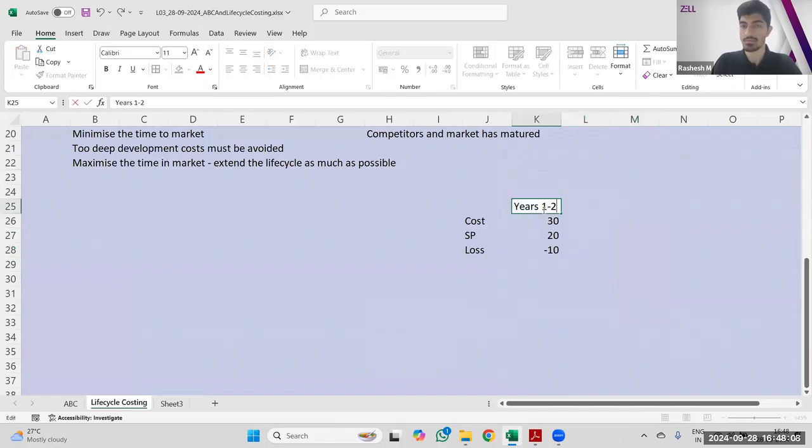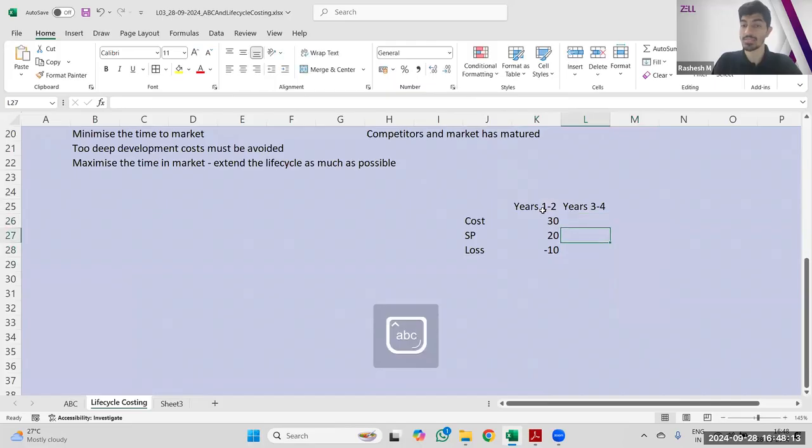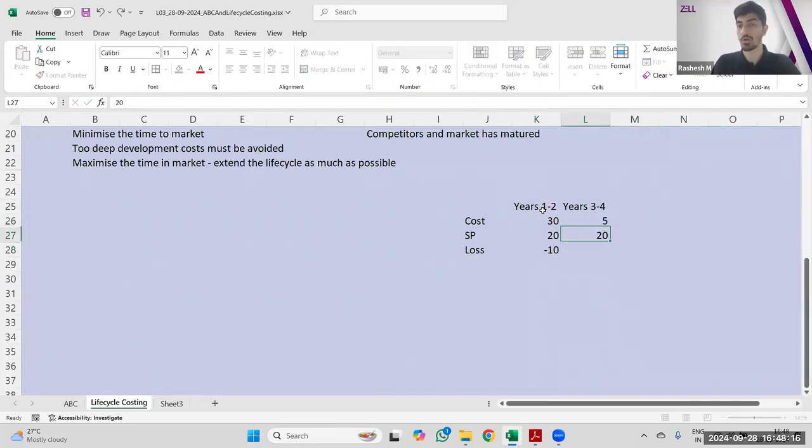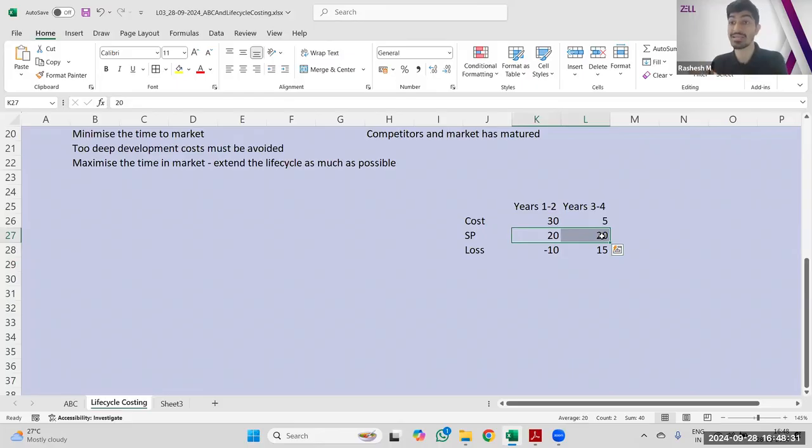Whereas in later years, of course, my selling price remains similar, but my costs start going so far down that I start making much more money, and net, I end up recovering all my money and, of course, making my desired profits. But what that selling price should be that stays roughly consistent across a product's life cycle is only possible when you try and find out the life cycle cost of a product, correct?